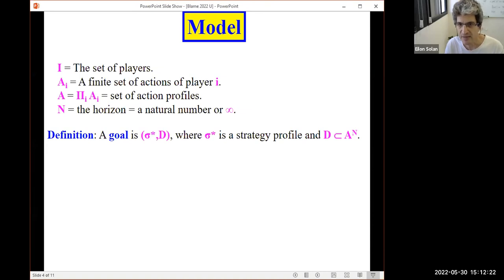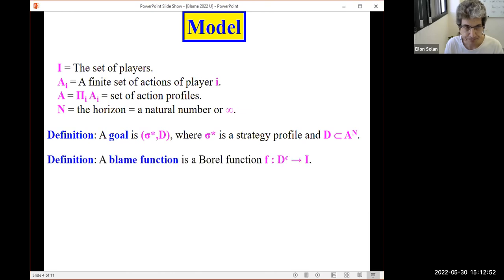So D is a subset of the set of all plays, A to the power n, either the n-stage problem or the infinite-stage problem, depending on whether n is finite or infinite. Usually, we will think of target sets D such that the probability that they are attained under sigma star is either 1 or close to 1, as in our motivating story.